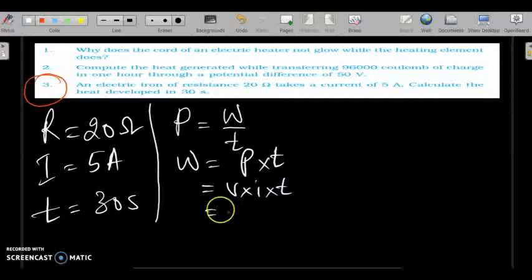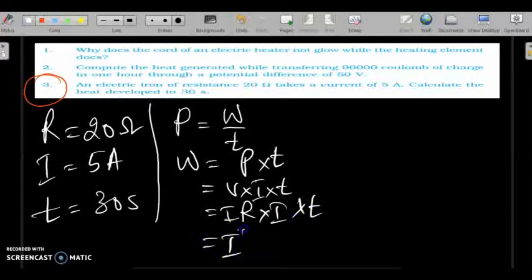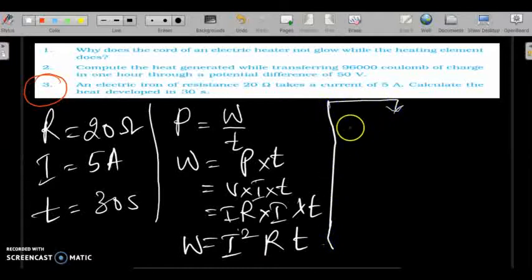I can write it as IR into IT. So that will become I square RT. This way, bringing out the relation is better than pondering in your mind and making a mess with the formula later. So the heat energy is equal to I square RT.